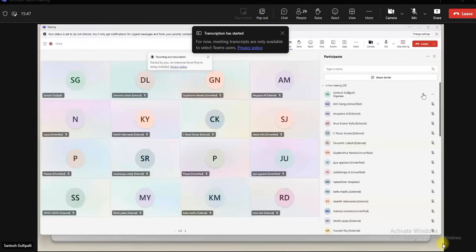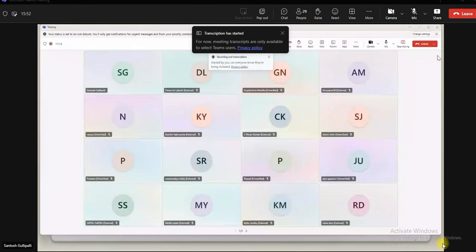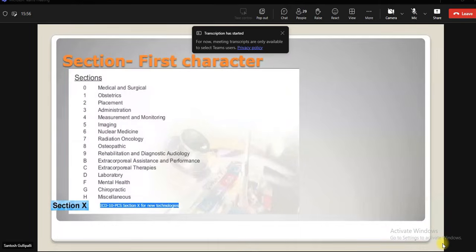So how many sections are there in PCS coding? A total of 17 sections. The first character is 0, medical and surgical section. The second character 1 is obstetric.